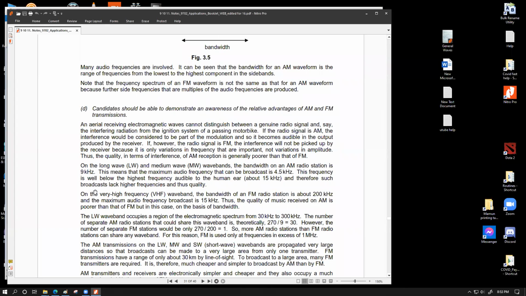These two paragraphs, 2 and 3, basically give us one single information that AM is poorer, FM is better in terms of bandwidth, because FM can cover the total practical range of audible frequency for human beings, whereas AM cannot.